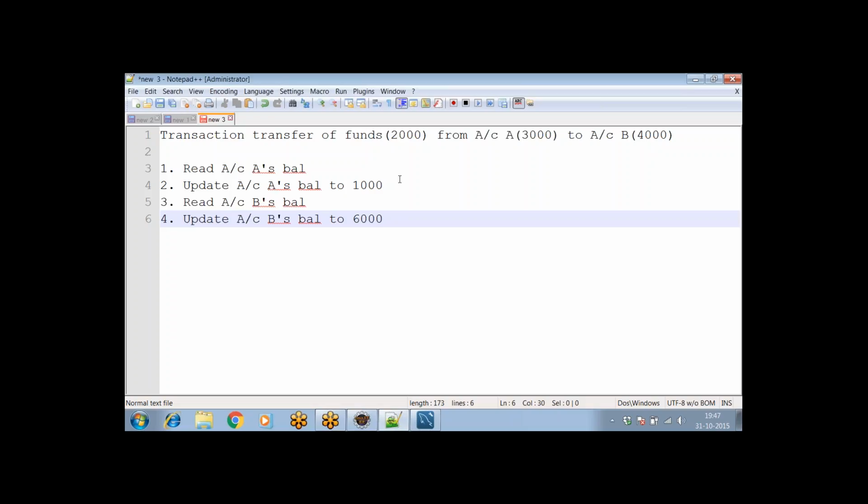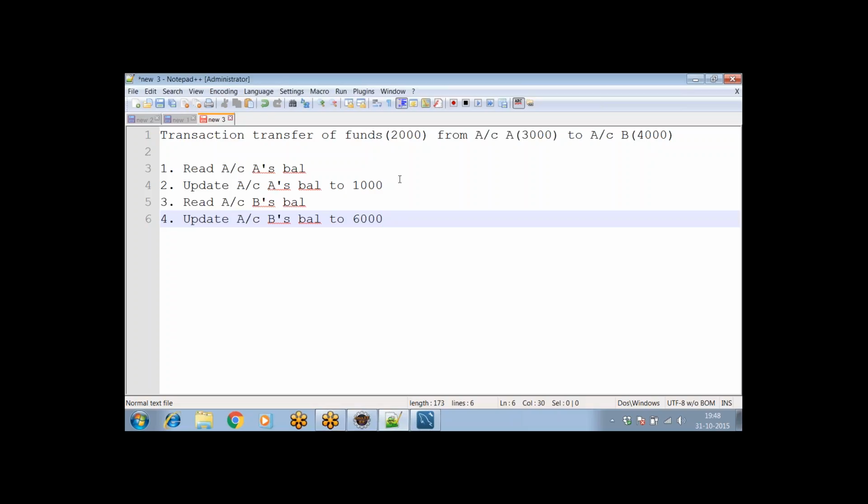For suppose, if we execute only the first two DB operations here, and after that, let's say there was some issue with the application and it couldn't execute the next two DB operations.